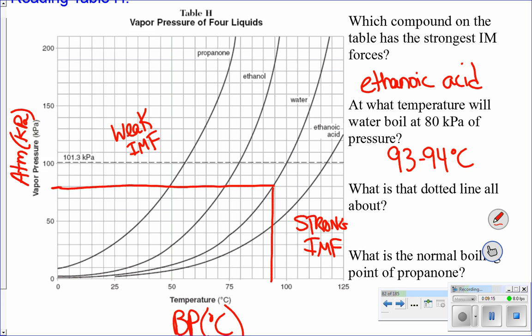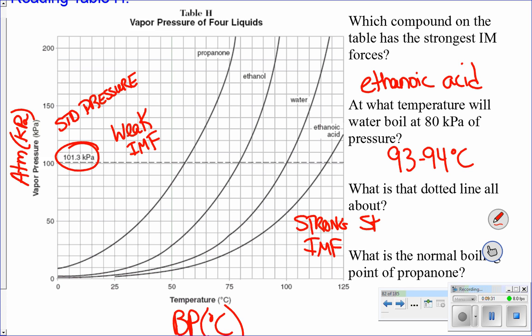What's that dotted line all about? Great question. That dotted line is at 101.3 kPa. That's what we know as standard pressure. I don't care if you write that on your table or not, totally up to you.